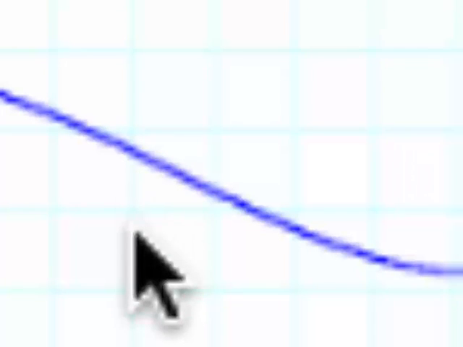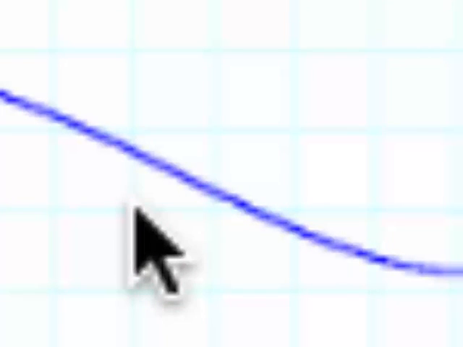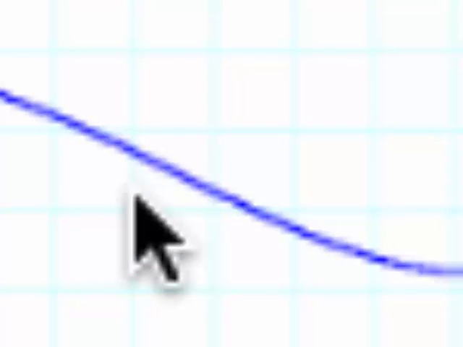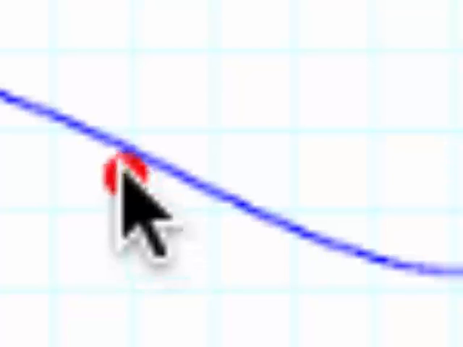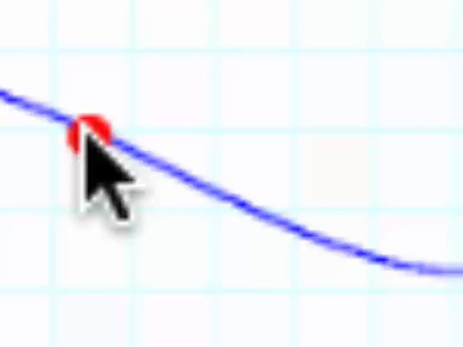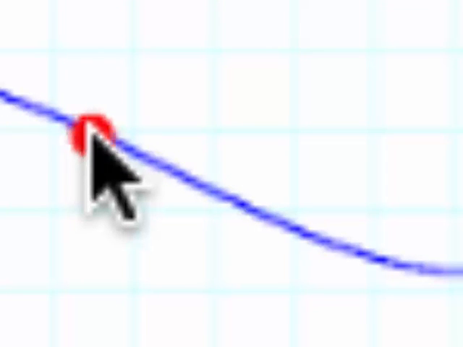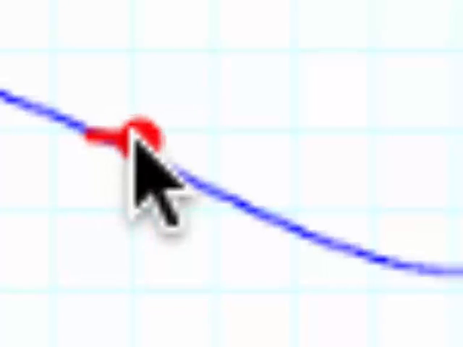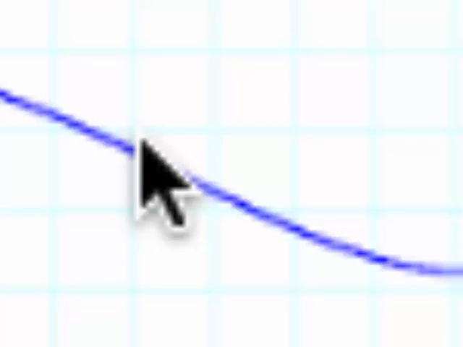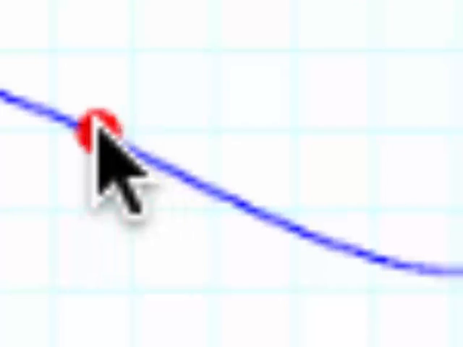So this is 3 months, right along this line right here. This is 3 months. That again.